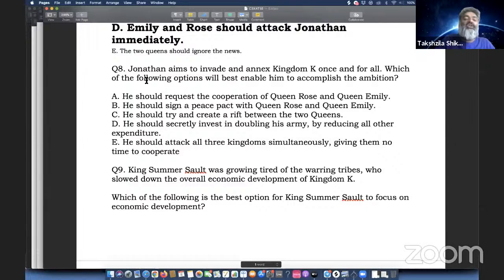Question number 8. Jonathan aims to invade and annex Kingdom K for once and for all. Which of the following options will best enable him to accomplish the ambition?